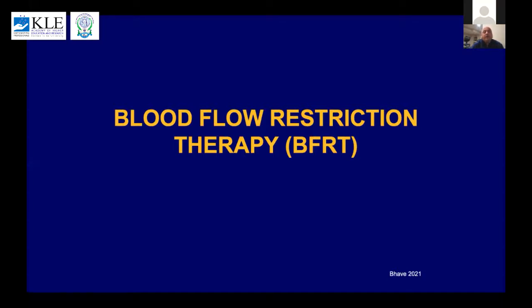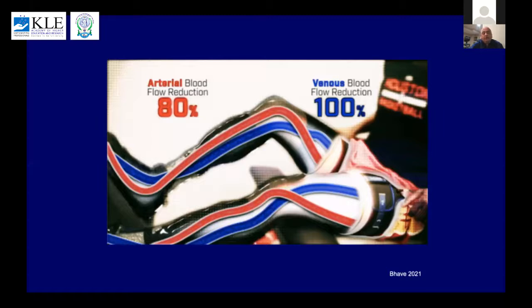And the principle of that is very simple, is that you are using a tourniquet just below the groin level to reduce the arterial blood flow by 80% and stop the venous return by 100%. Now, you can't do it without using a Doppler-driven tourniquet.